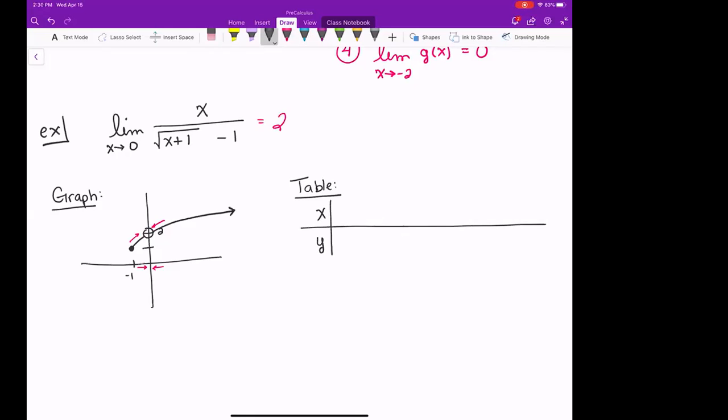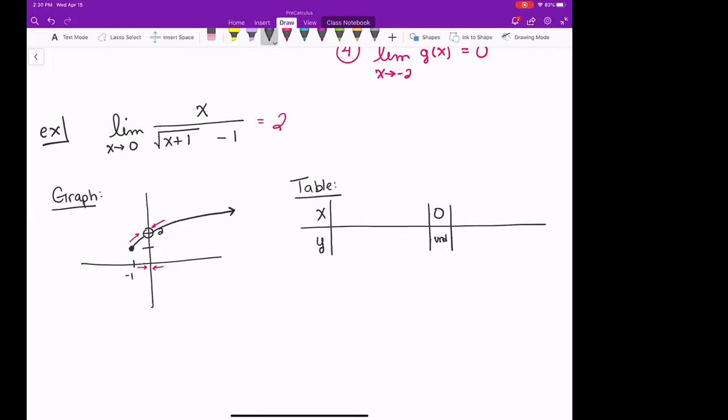And I was trying to get close to 0. I'm going to put the 0 in the middle when I make my table here, just so you can see what I'm doing with the left and the right-hand side. So if I put the 0 in the middle here, clearly that value was undefined because we can't divide by 0, which meant there was no point there.